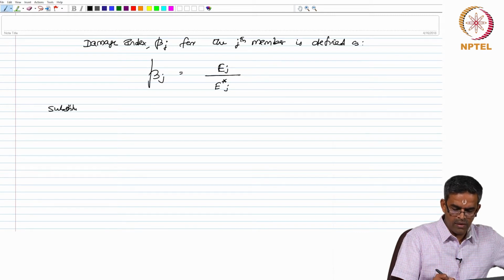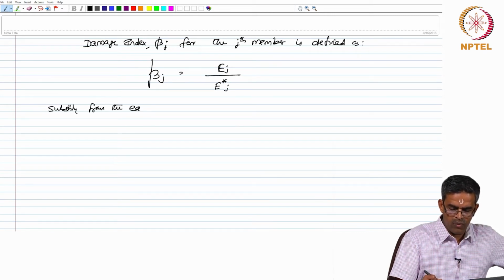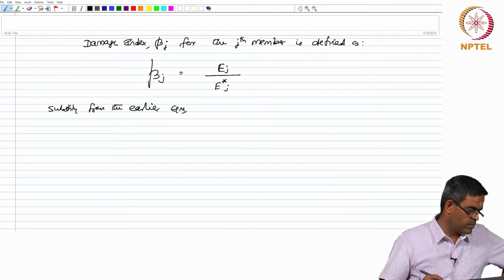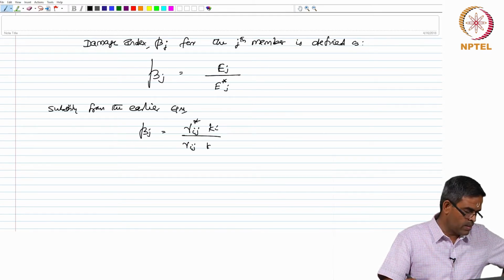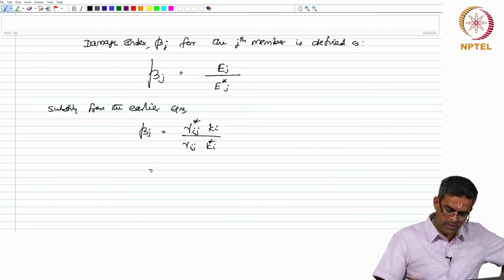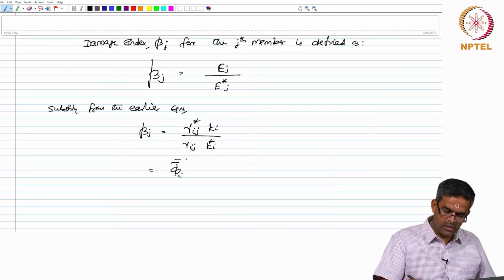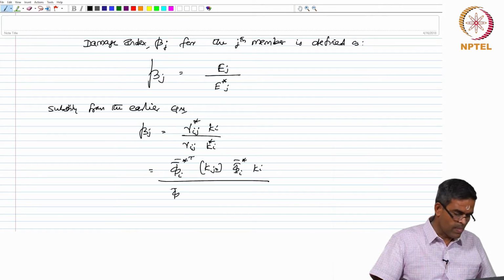Substituting from the earlier equations, beta_j can be expressed as beta_j is K_ij star K_i by K_ij K_i star, which is phi bar_i star transpose K_j0 phi bar star K_i divided by phi bar_i transpose K_j phi bar_i K_i star.